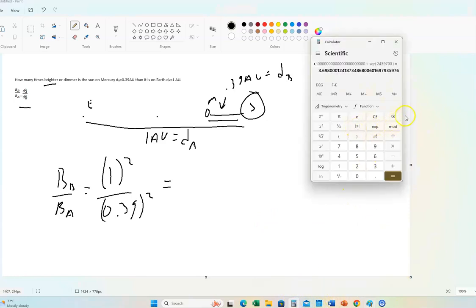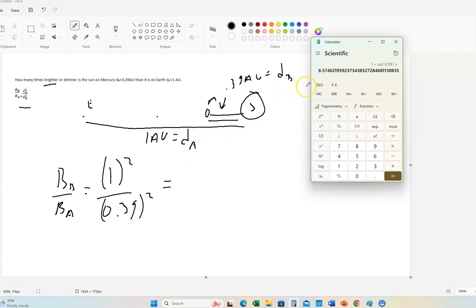Remember, this is just a comparison of one to the other. Since 1 squared is just 1, it's going to be 1 divided by 0.39 squared. This is actually a really easy problem once you've done a couple of these. And this is the brightness. We'll just round to 2 places past the decimal.